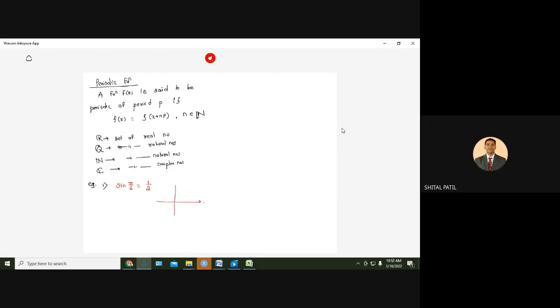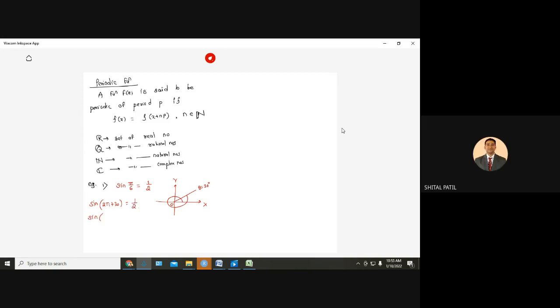This is the x-axis, this is the y-axis, and sine 30 is somewhere here, theta equal to 30 degrees. Suppose I complete one cycle. One cycle is 2 pi. I start from the x-axis and complete one cycle, and again I move 30 degrees, so 2 pi plus 30 degrees. I am again at 30 degrees, the same position. What will be its value? Same, 1 upon 2.